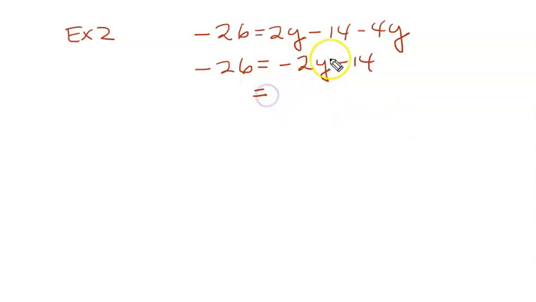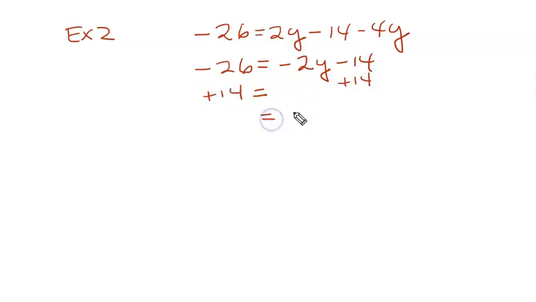And we want to get all of our letters on one side, all of the numbers on the other. So using this technique of the additive inverse, we'll add 14 to this side, add 14 to this side.